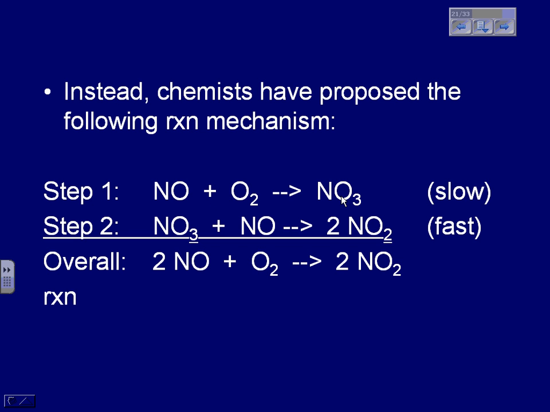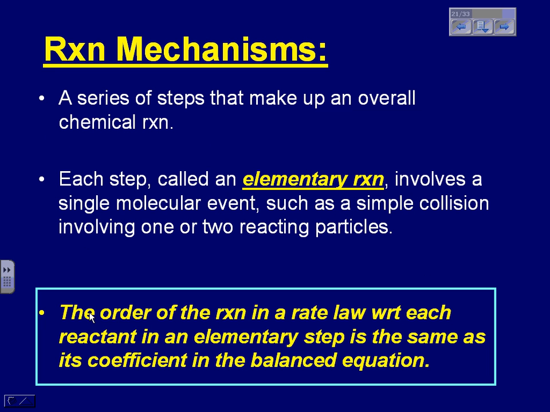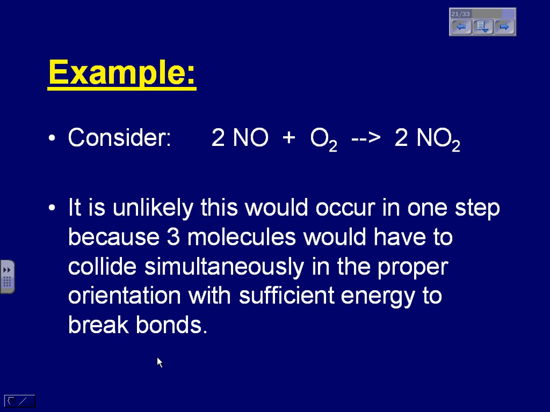And if I go back 2 slides, it says the order of the rate law with respect to each reactant in the elementary step is the same as the coefficients. So here's where we have that thing that's the same as the coefficients.